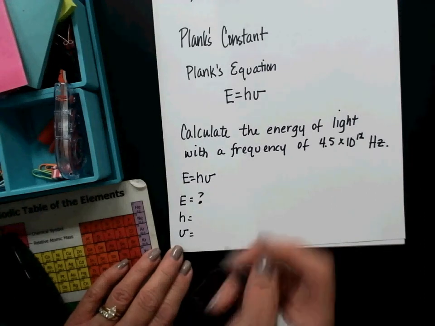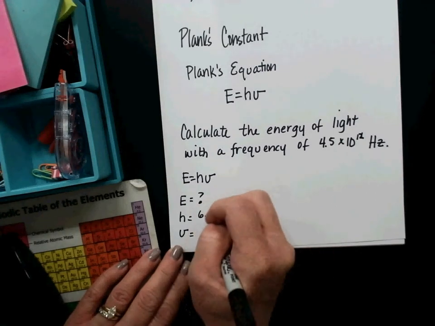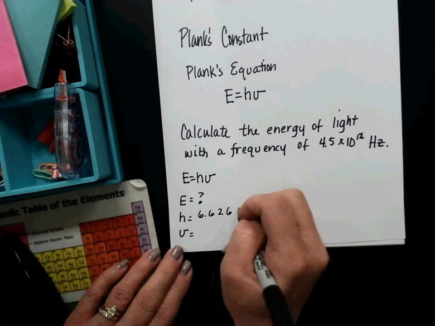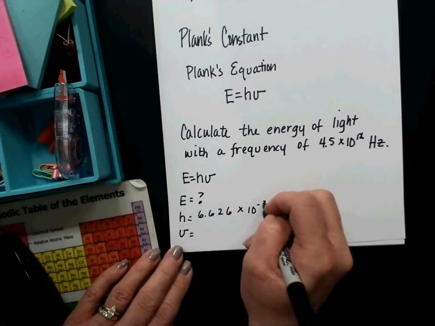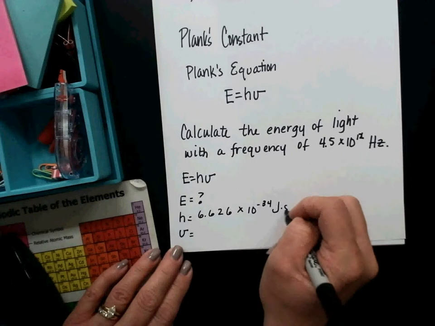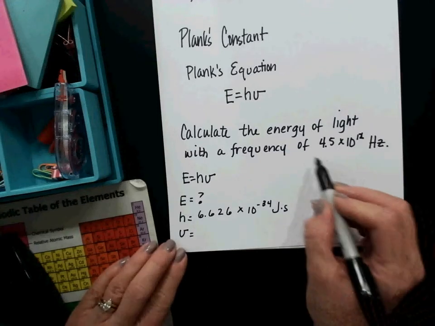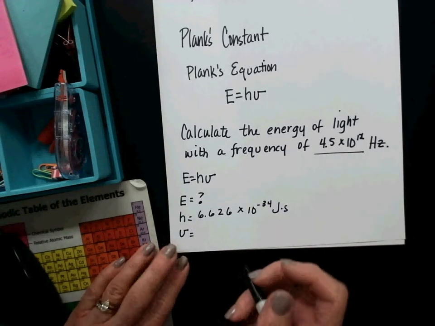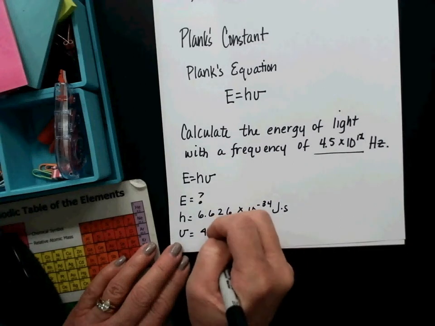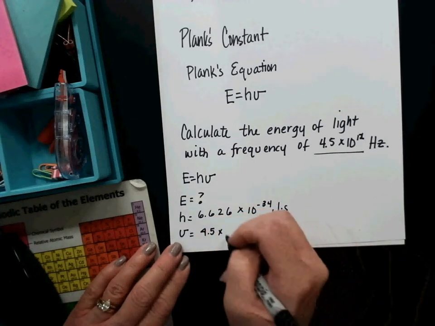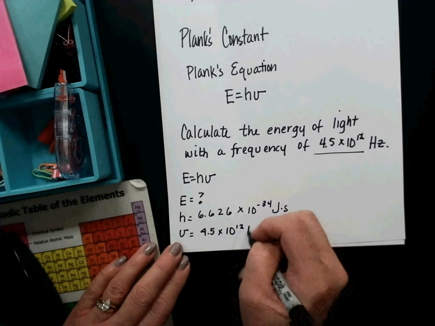I know Planck's constant. You guys should be putting this in your brain, memorizing it. 6.626 times 10 to the negative 34th joules times seconds. And in the problem, I also gave you frequency. So I've got 4.5 times 10 to the 12th hertz.